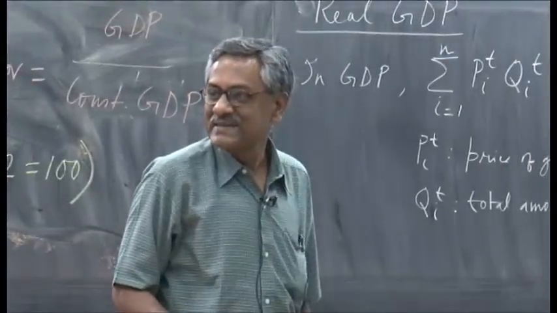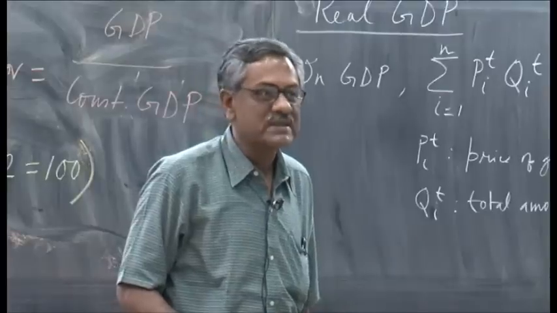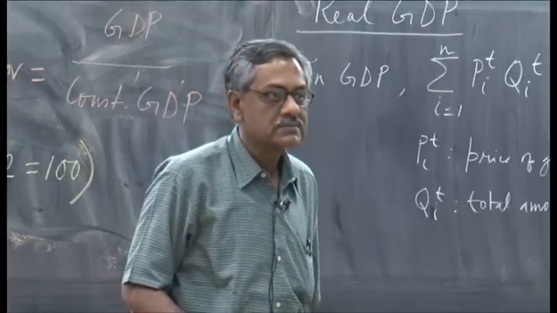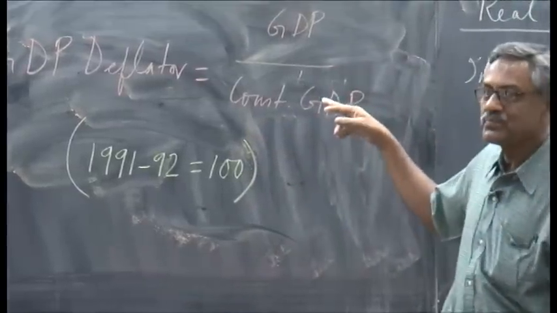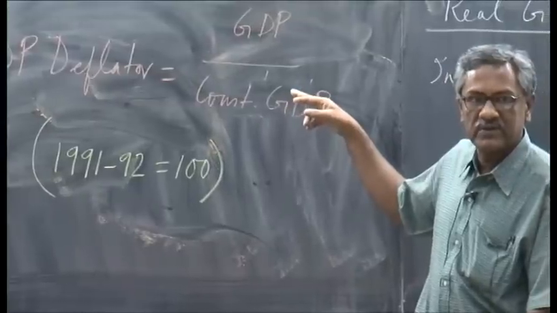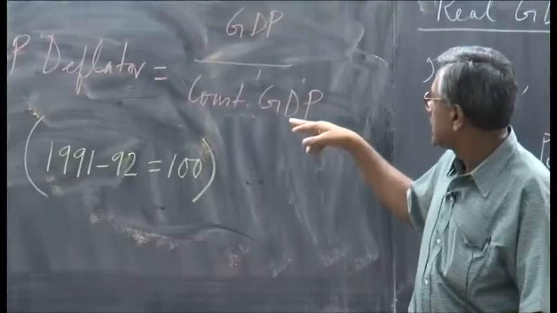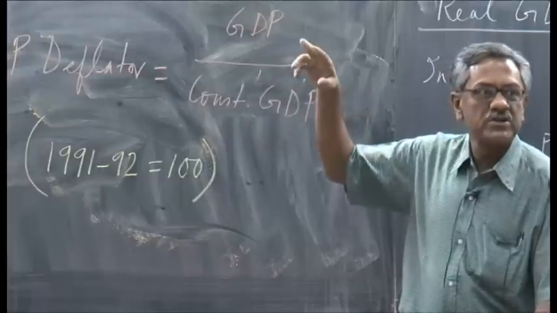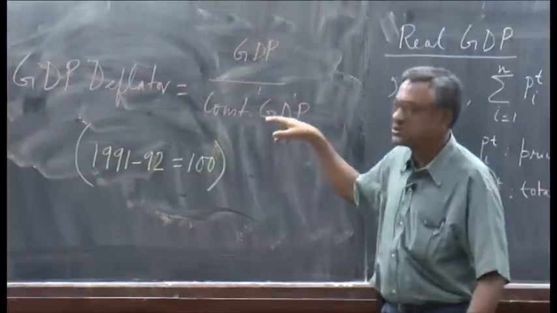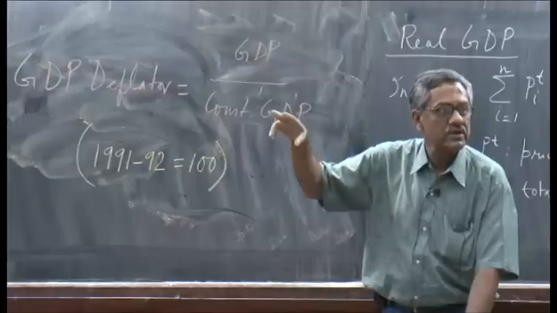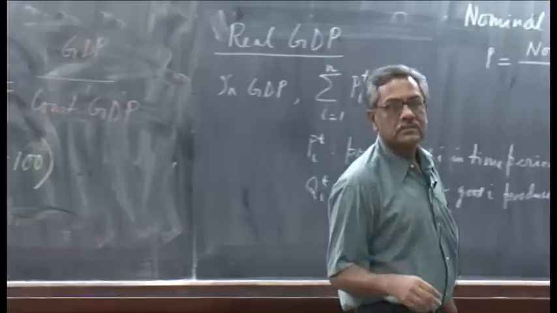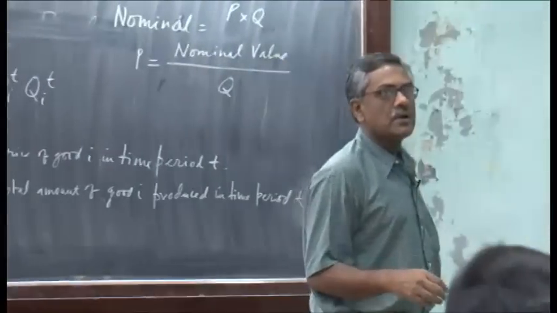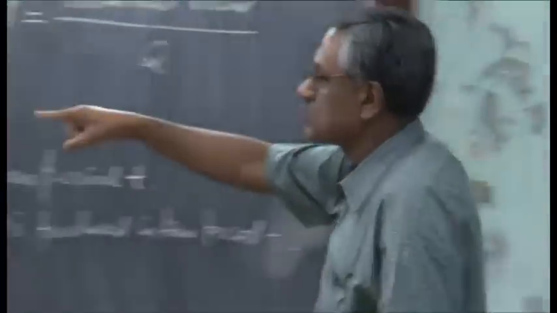What it means is that 1991-92 prices are the base period prices. You tell me one thing. This GDP deflator value is current GDP, P1·Qt, divided by constant GDP, P0·Qt. In the base period, what will be the number? It is 1. This 1 is actually the 91-92 = 100 they write.